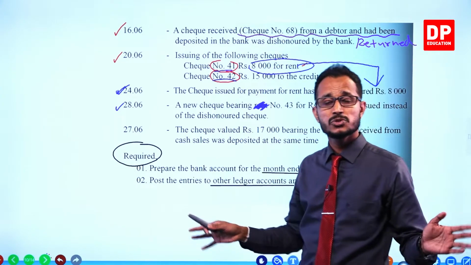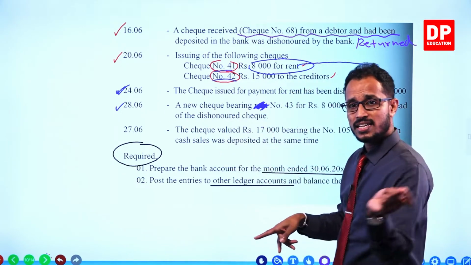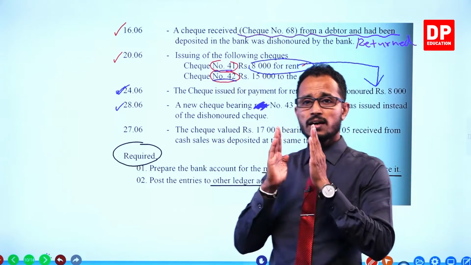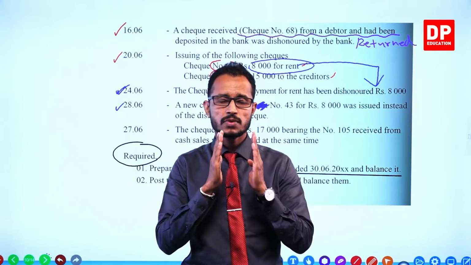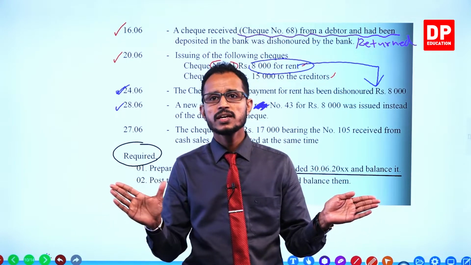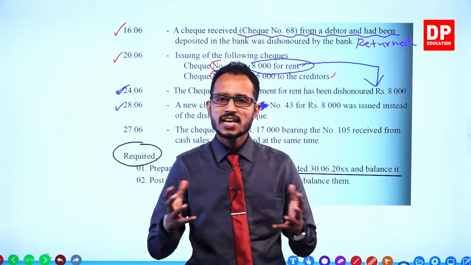Another check has been issued. Again, the bank money goes down because money goes out from the bank. Bank credit, rent account debit. Same double entries because these are expenses.